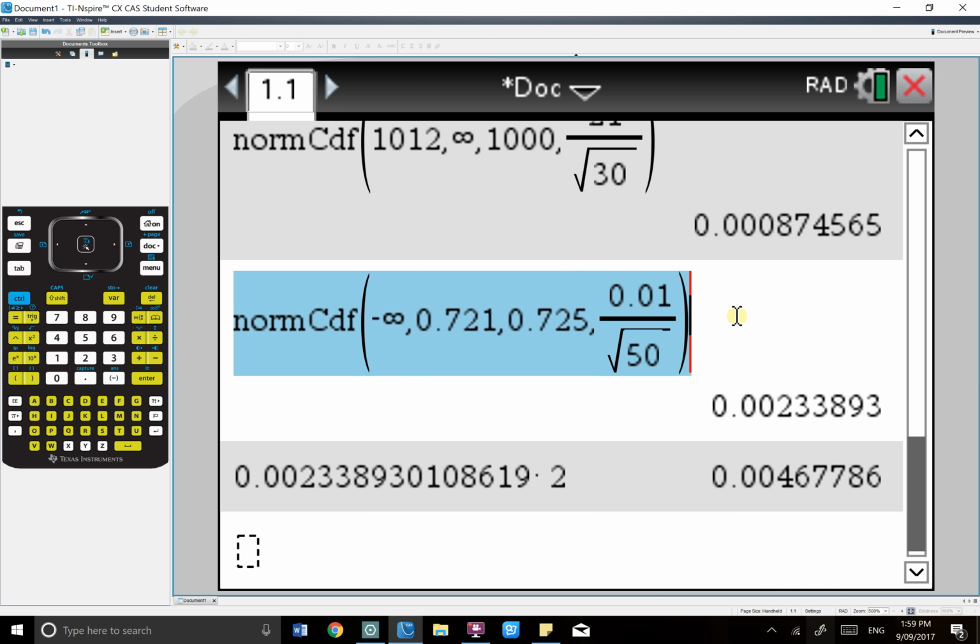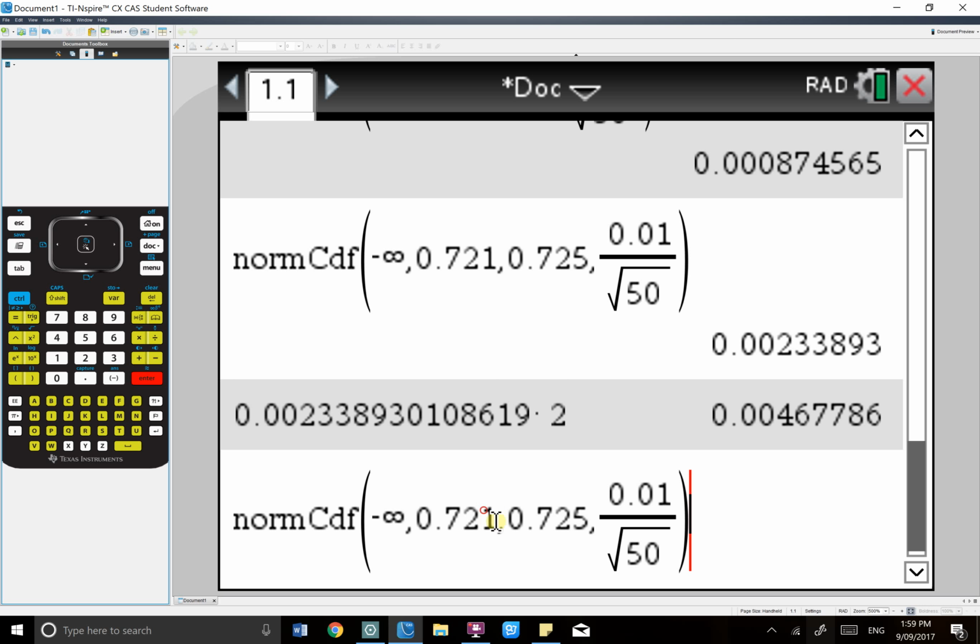Let's just change that to 2 and change that to 100 instead, and I need to times this value by 2. It is 0.0027.